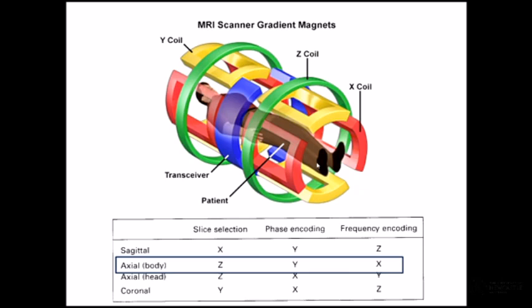Here's our patient within the imaging bore. So we have this coil and this coil from head to foot so that we can change that gradient field from head to feet. We have one on either side of the patient, so we can change it from left to right for sagittal imaging. And we have one at the front and one at the back so that we can change it for coronal imaging.